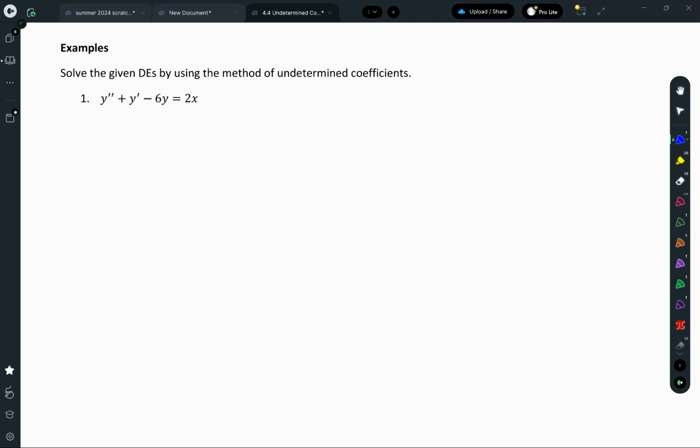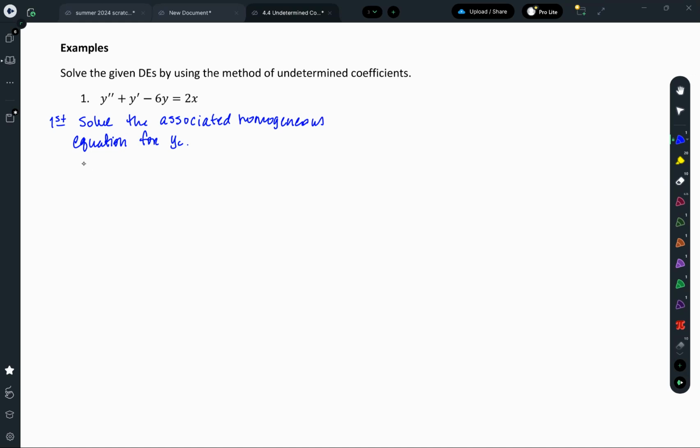All right. First, let's solve the associated homogeneous equation for y sub c.